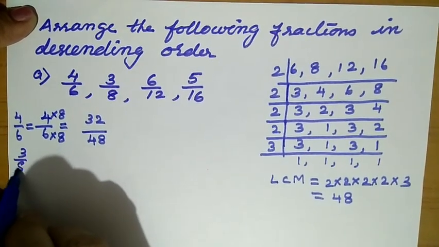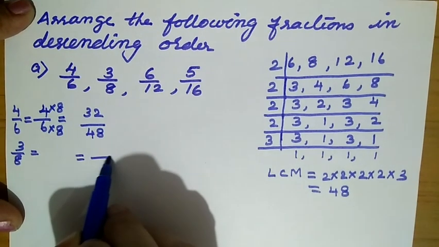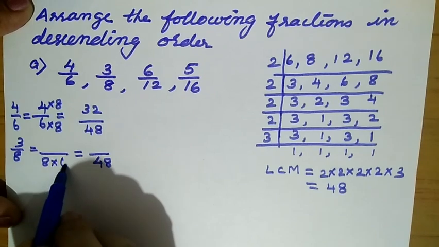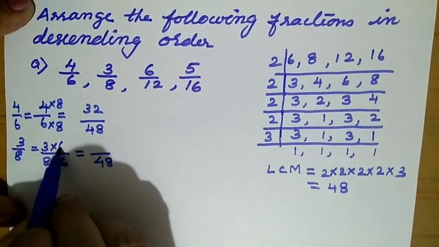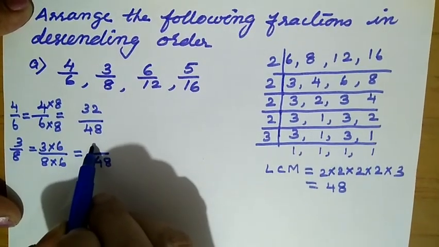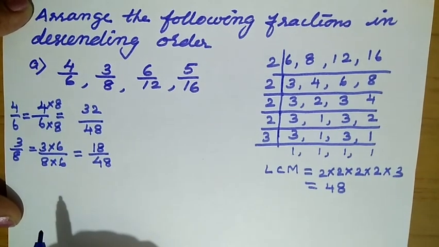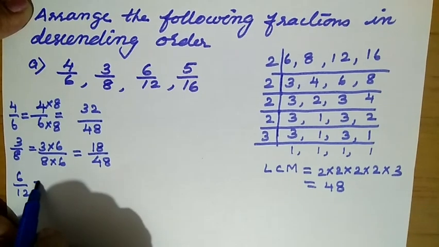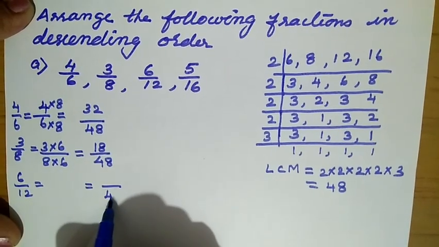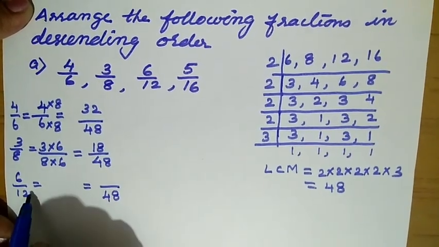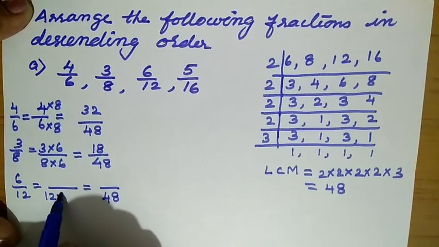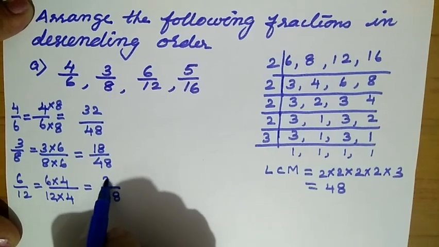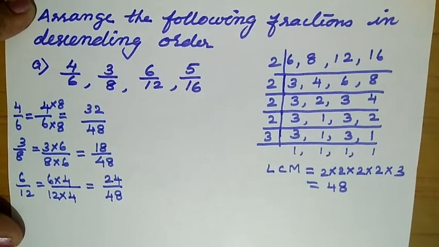Again 3 by 8. We need 48 in the denominator, that means 8 into 6. So 3 into 6 equals 18 by 48. Next 6 by 12. Again we need the denominator as 48, so we multiply by 4. 6 into 4 is 24 by 48.